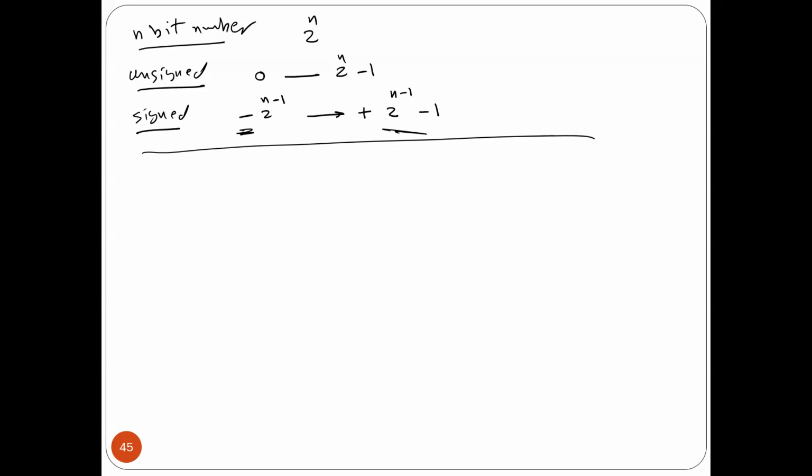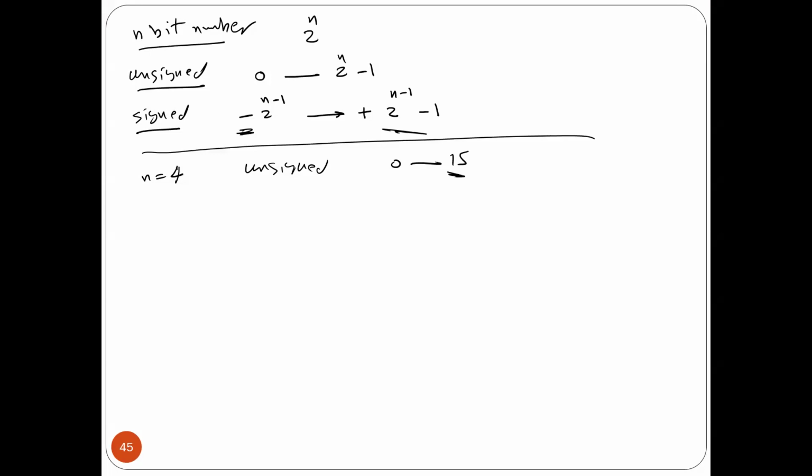Just quickly, as an example, if n is 4 bits, in the case of unsigned numbers, I can store from 0 until 15. The maximum number I can represent, or I usually use the word store, not represent, because I'm thinking hardware.